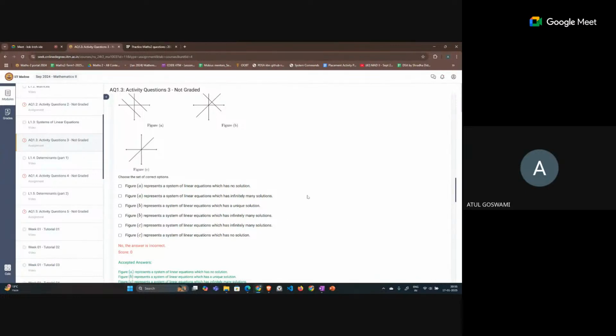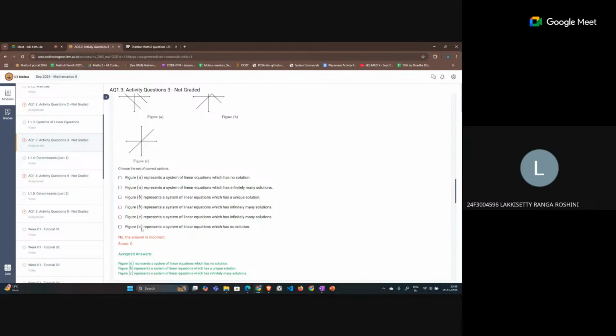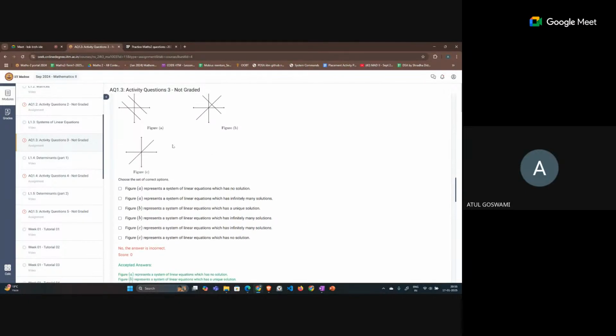Sir, why doesn't it become no solution in the last option? Figure C represents the system of linear equations has no solution. So why will it be no solution? There is only one equation, right? Infinitely many solutions.